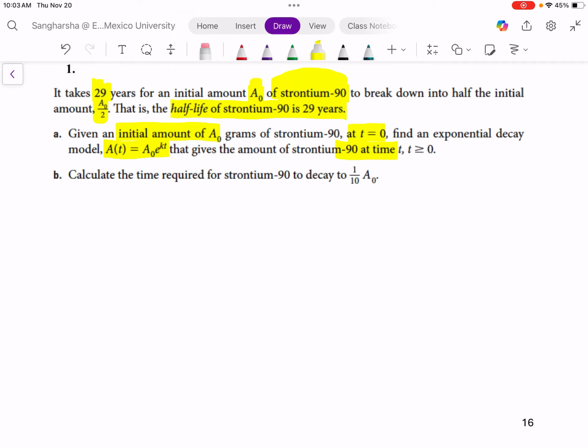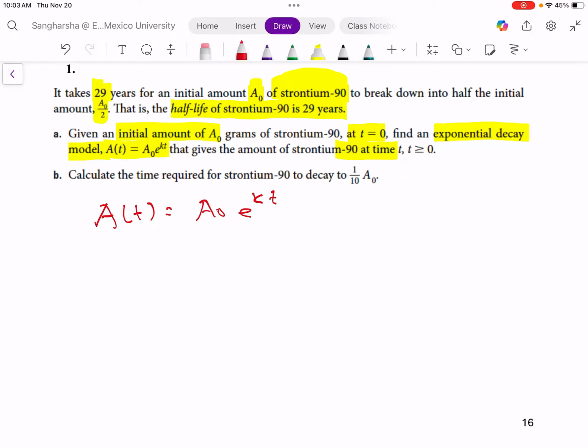Now here, we are asked to find an exponential decay model. So we are asked to find A of t equals A naught e to the power kt. So we have to find what k is.